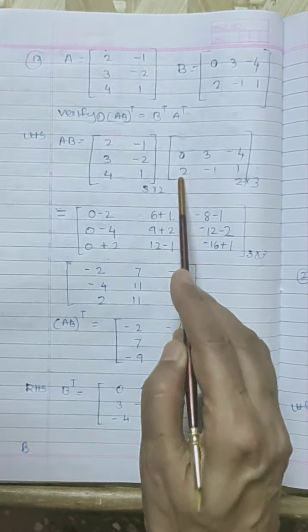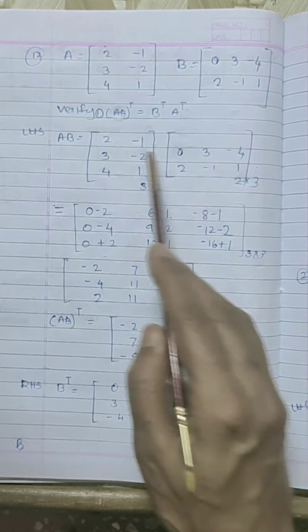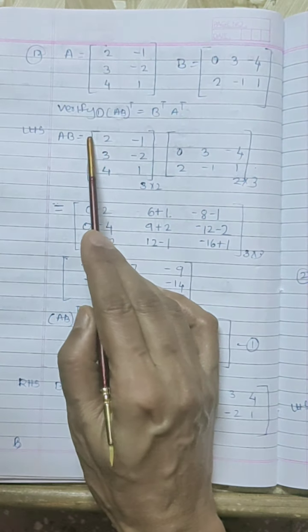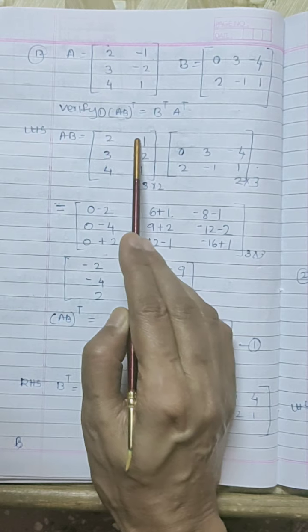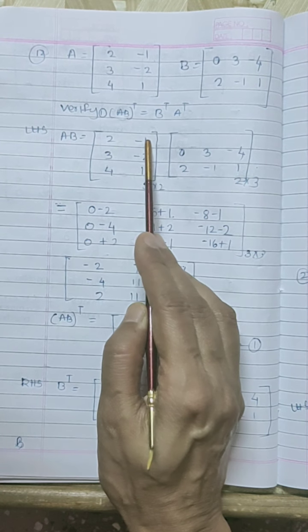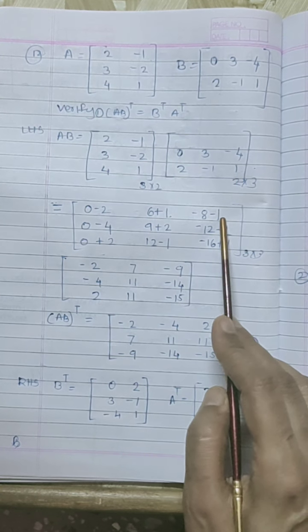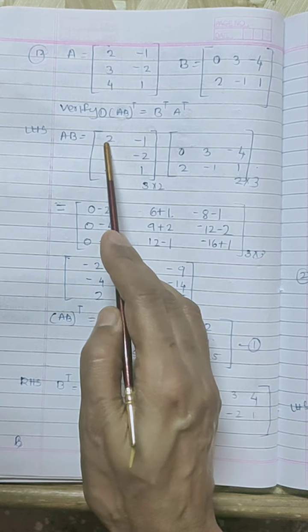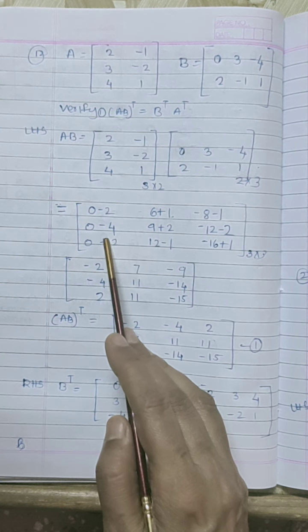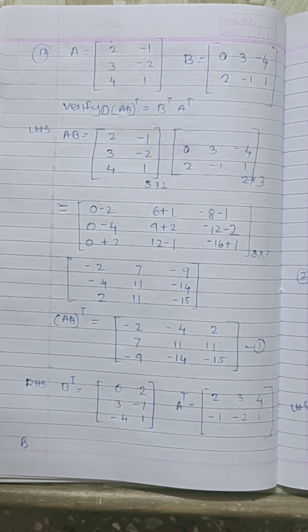Row into column, row into column, and row into column. So first we will complete the first row. This row will be completed, and only then we will go to the second row. So now see how to multiply.